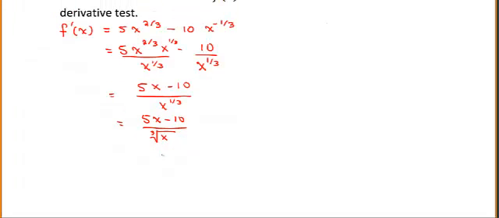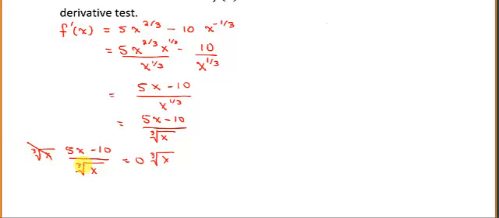Well, let's set it equal to 0 to get a critical point. If I set 5x minus 10 over the cube root of x equal to 0, I can multiply both sides by the cube root of x, as long as x is not 0.